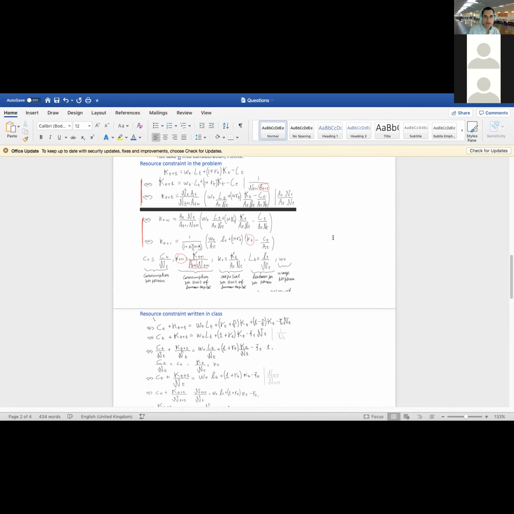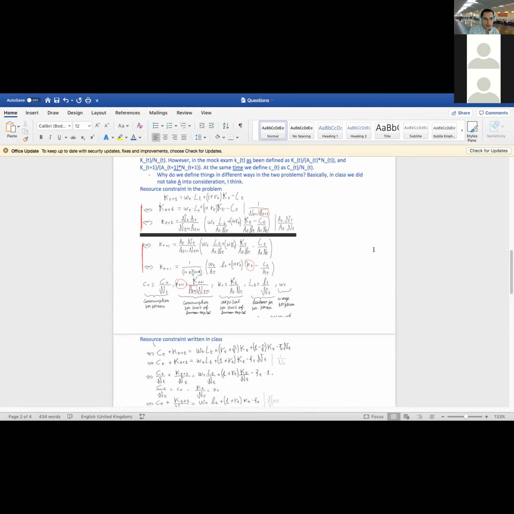It must have something to do with what we're assuming about the growth of A. We can certainly look at the question from class and then also the one from the mock exam.